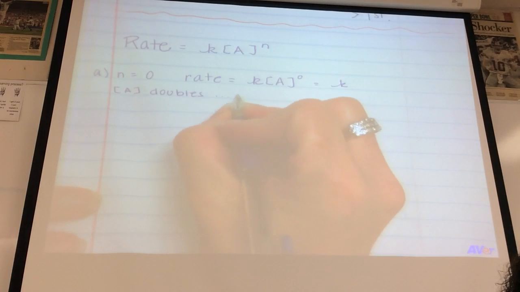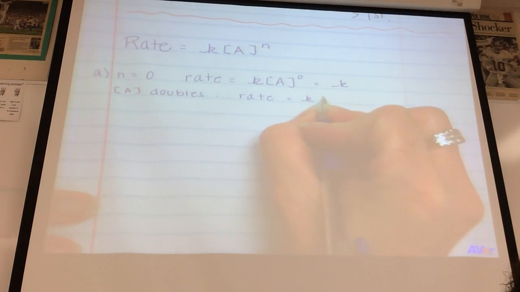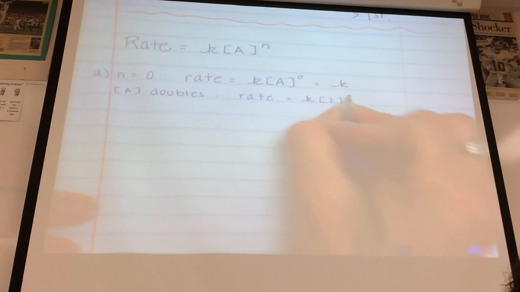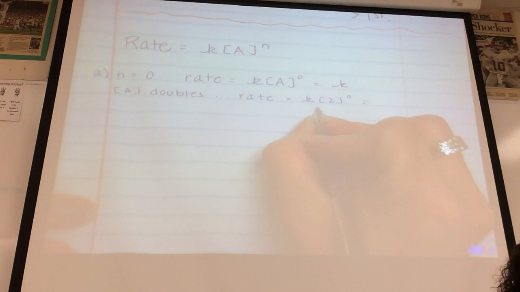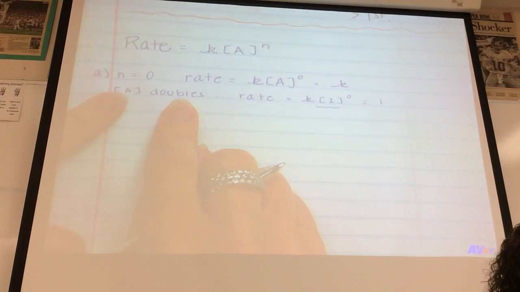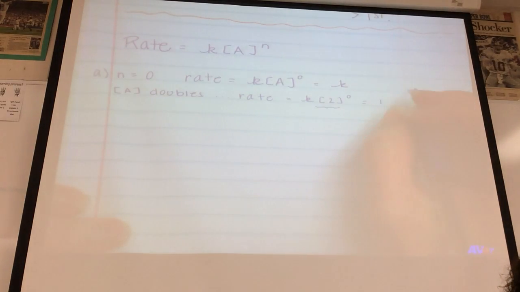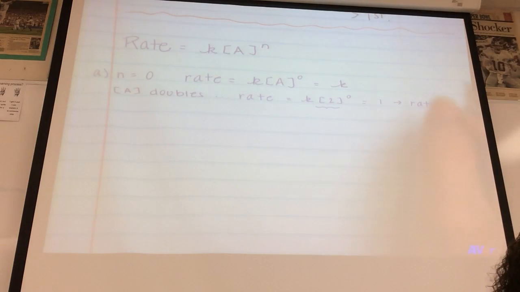So we have rate is equal to k, 2 to the 0 power is equal to 1 for this component here. So when you double the concentration, that's why we put a 2 in, the rate is unchanged.